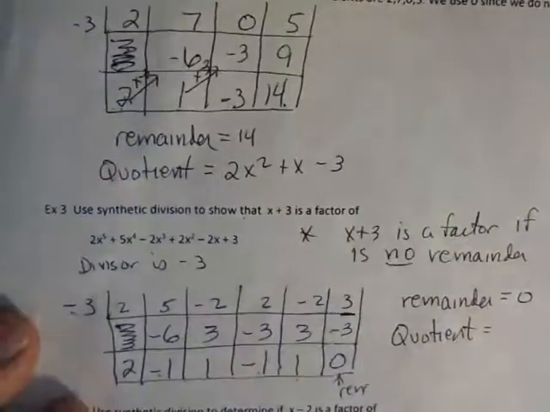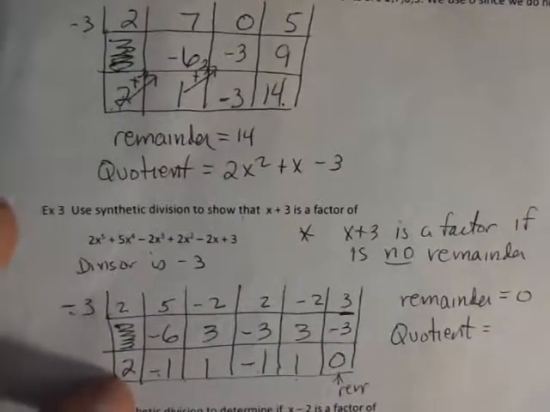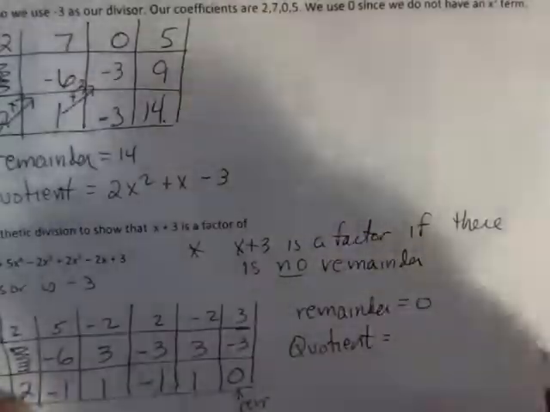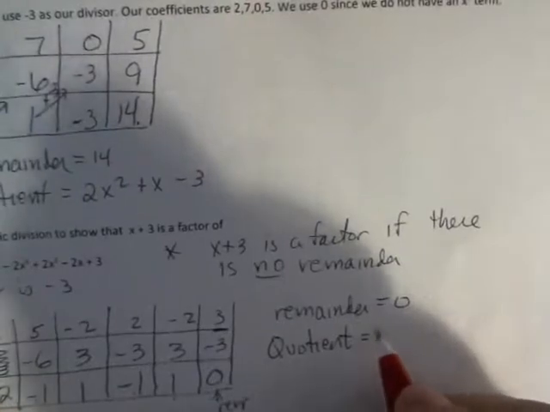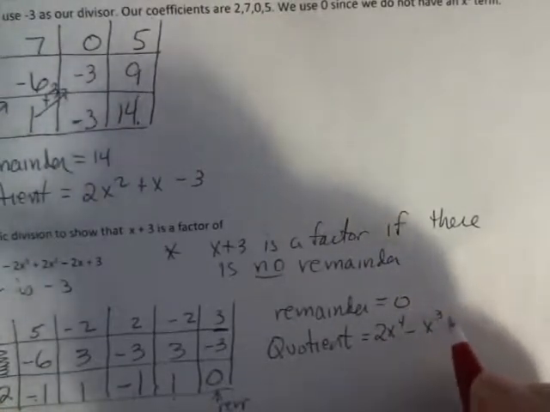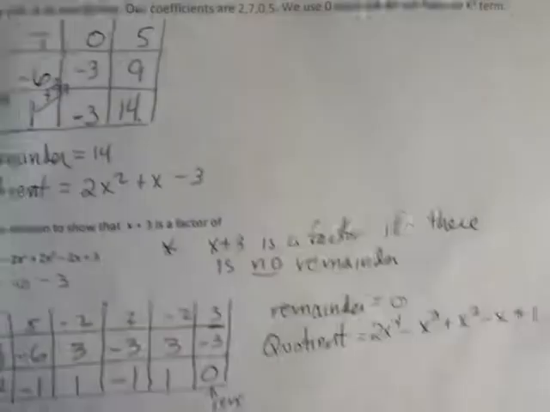The other way to look at this is I started with x to the 5th. So therefore, that first number has to be coefficient of x to the 4th. So my quotient is 2x to the 4th minus 1x cubed plus 1x squared minus x plus 1.